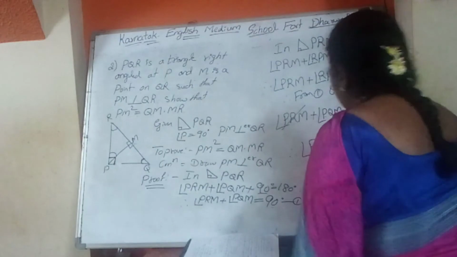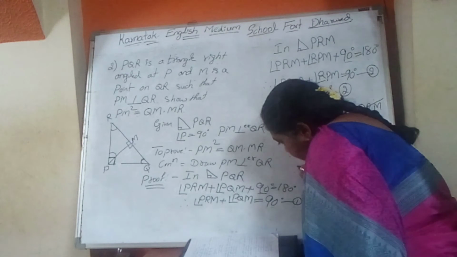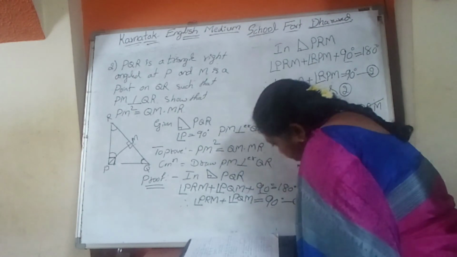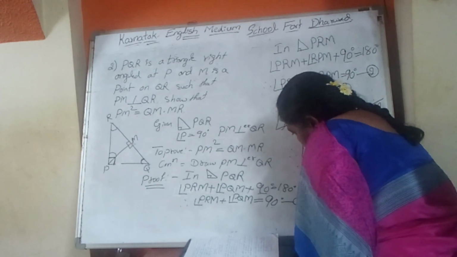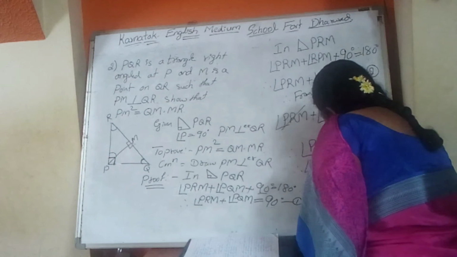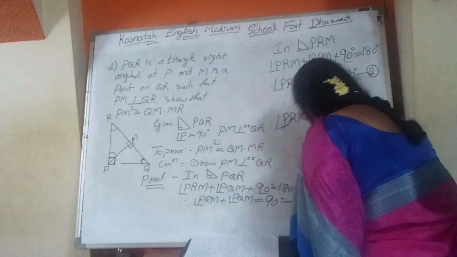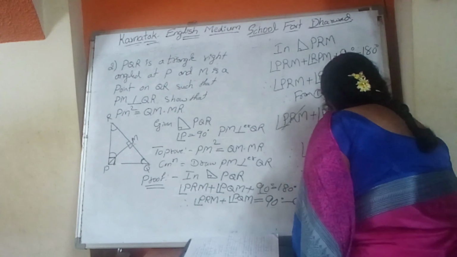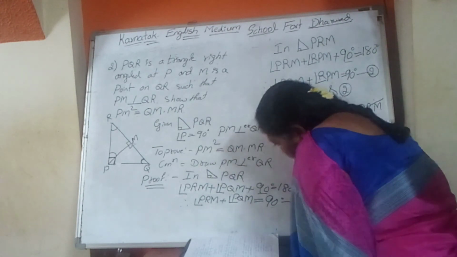These are equal. Therefore, triangle PMR is similar to triangle QMP.